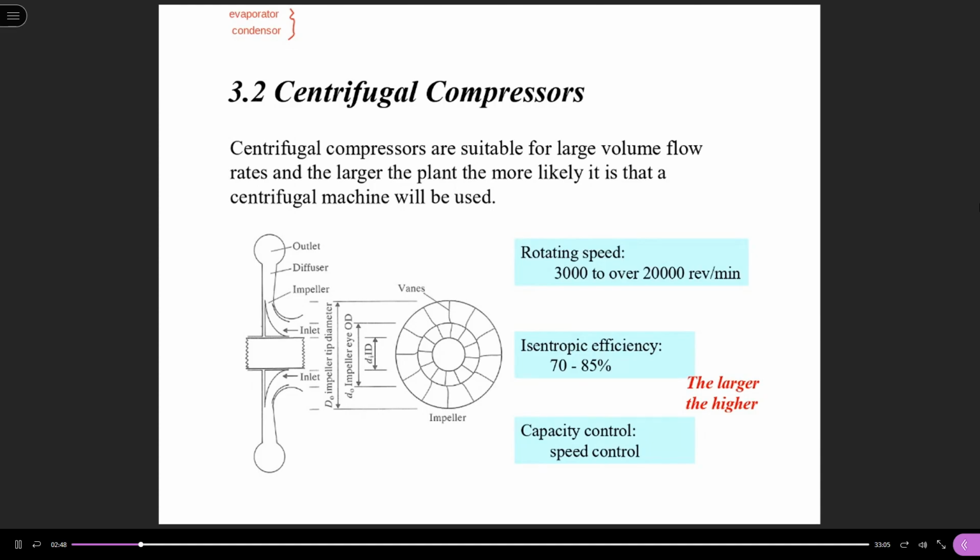Okay, and for the compressor, in fact, we have introduced the main types of compressors. So we have the reciprocating compressor, screw compressor, and centrifugal compressor. Previously, we mainly introduced the reciprocating compressor.